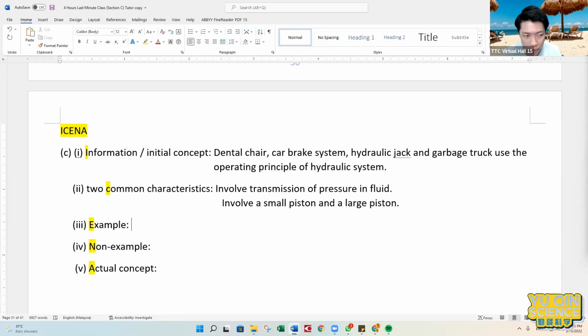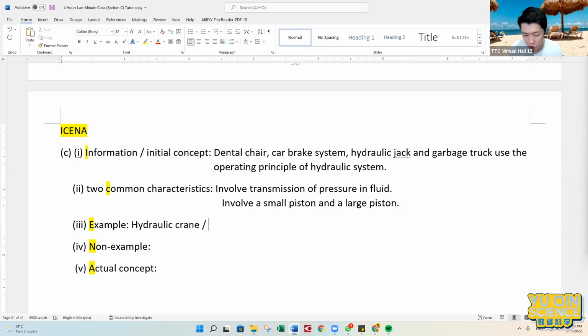Yeah? Okay, like 5 more seconds, we will get to examples. Other than the 4 items above, other examples. Oh, what else? What else uses hydraulic that is not listed above? Crane. Okay, cool. Hydraulic crane.